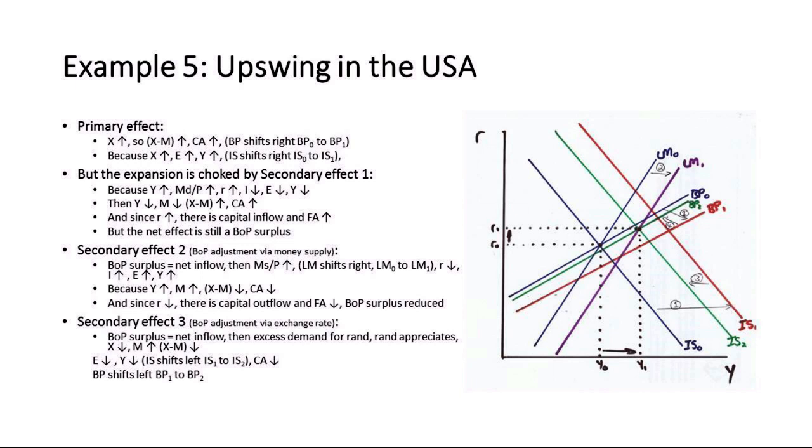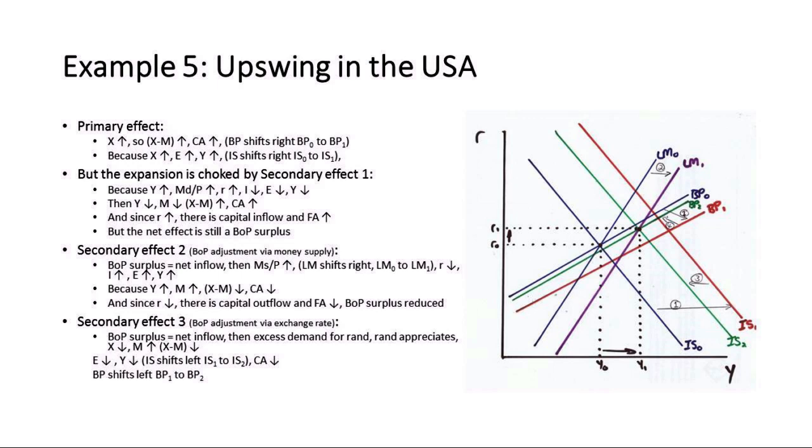That surplus position means there's a net inflow of money into the economy, an excess demand for rand, which causes the rand to appreciate. That means a reduction in exports, an increase in imports, and a reduction in the current account position.